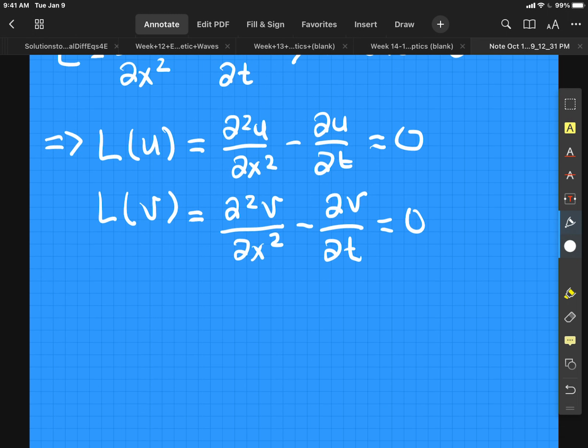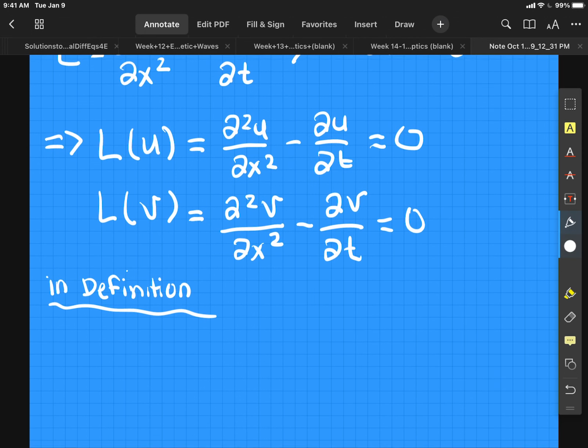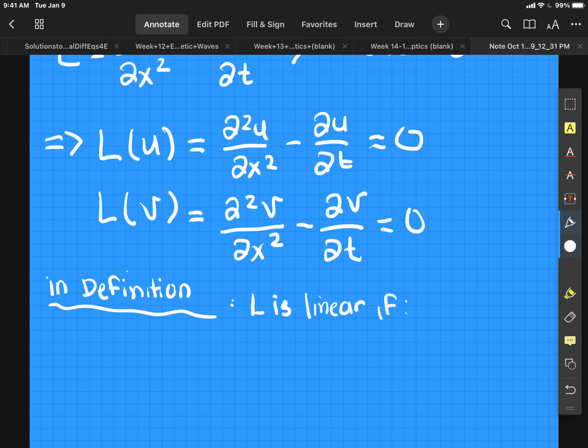So let's just define some terms in terms of our linearity. In definition, and this is important, because it's defining something. It's defining our linear operator. We would say that L is linear if we have two requirements. L of, say, some function u plus the linear operator of some function v is equal to L of u plus v.